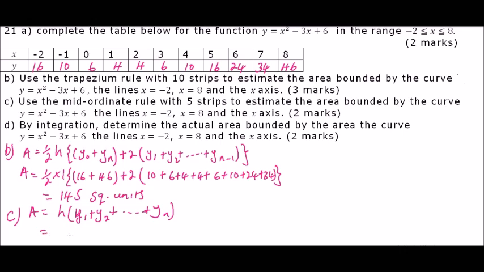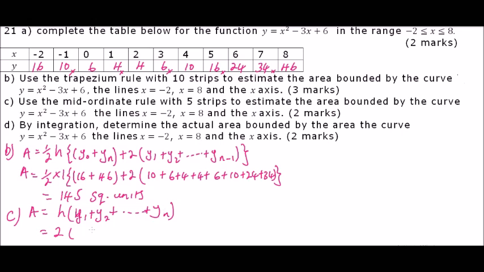So since we are told to use 5 stripes, the height will be 2, that is from minus 2 to 0 and 0 to 2. So you add the mid-ordinates, which will be 10, 4, 6, 16, and 34. That will make 5 stripes, because that is 1, that is 2, then we have 3, then we have 4, that is 5.